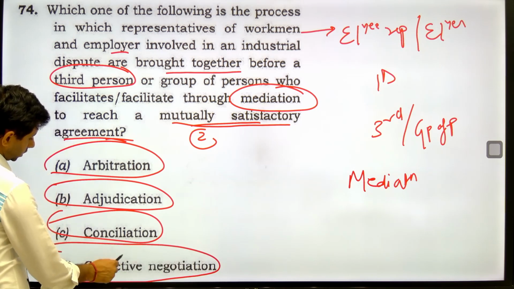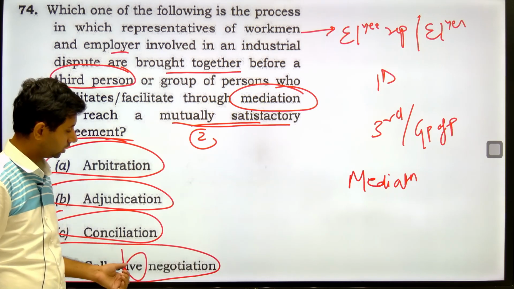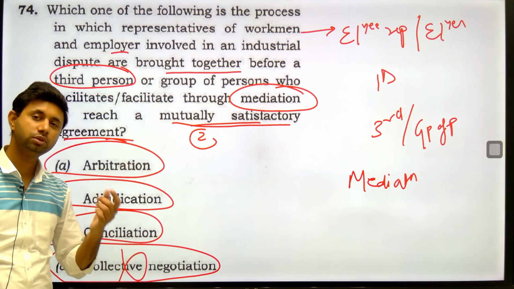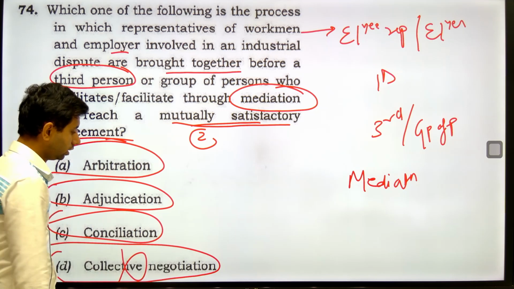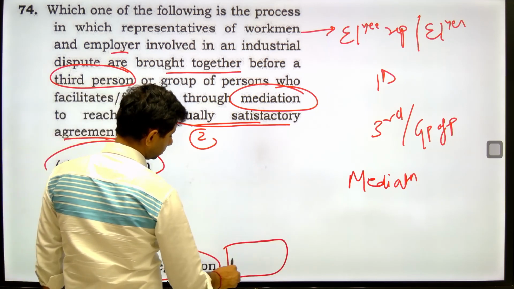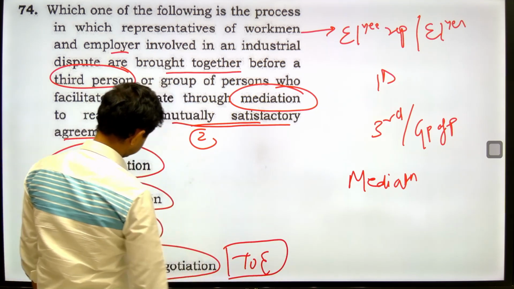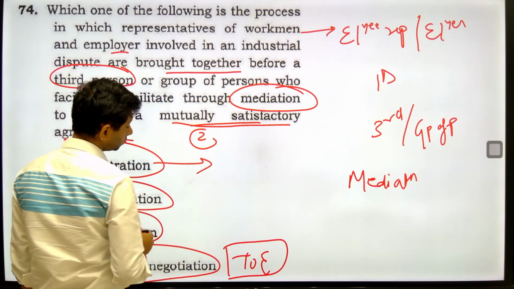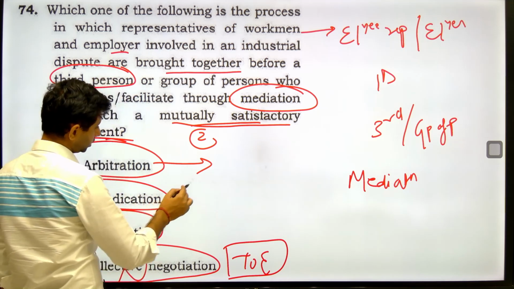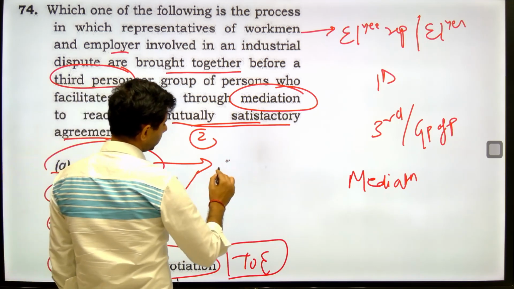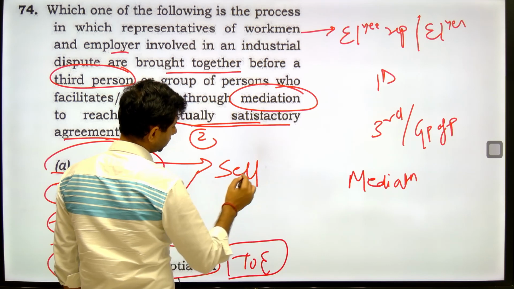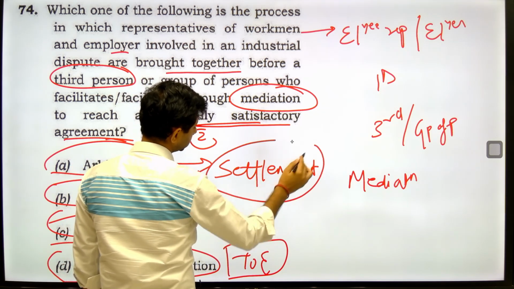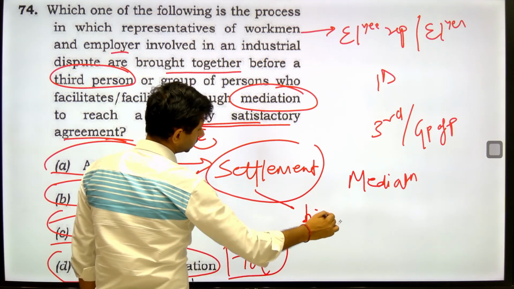Collective negotiation is incorrect, because it is a process before an industrial dispute where employers and employees chart out the terms of employment. Arbitration and adjudication are also wrong, because in the end they provide a judgment or settlement that is binding on both parties.